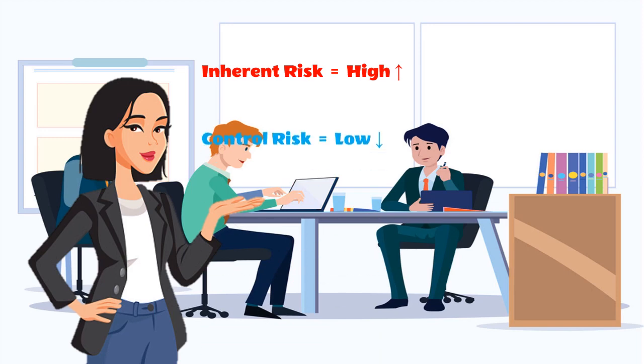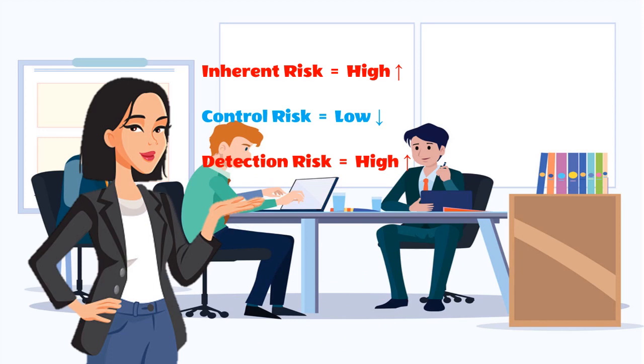Therefore, control risk is low in this case. Auditors can rely on the internal control to perform their audit. As a result, auditors set the detection risk as high, as the likelihood that the auditor detecting material misstatement is low due to strong internal controls.